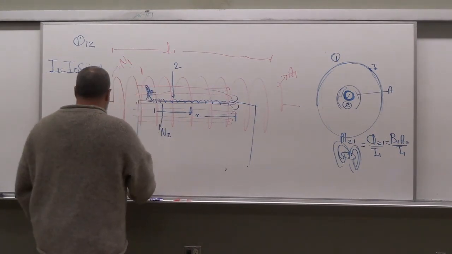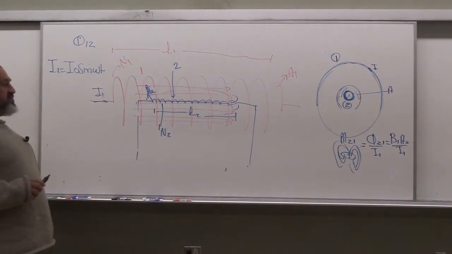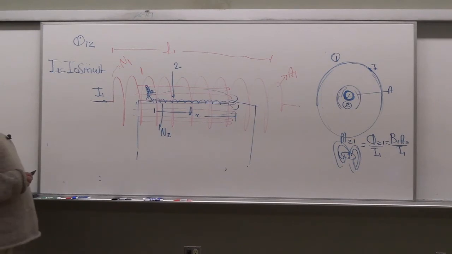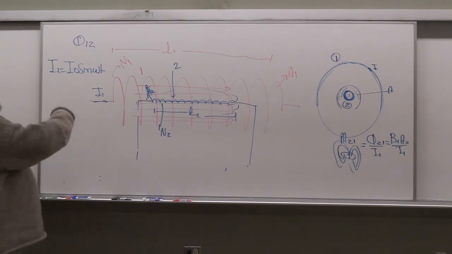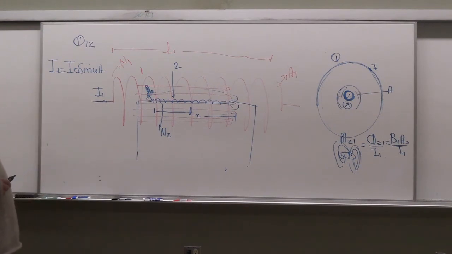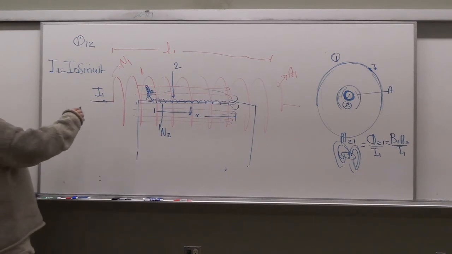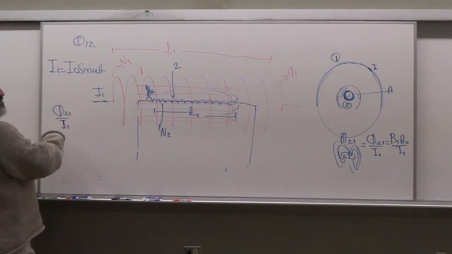And now the question you're trying to ask is, what is the induced EMF in the second coil, the pickup coil, epsilon 2, if the current in 1 is given by that? So we'd like to now calculate the mutual inductance. And mutual inductance is phi in 2 from 1 divided by I in 1.